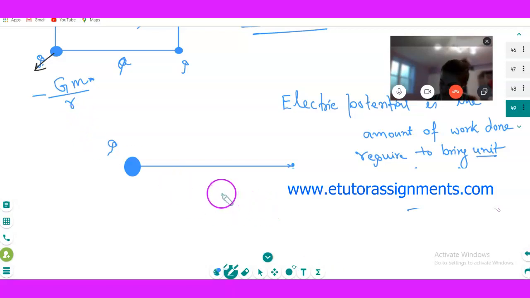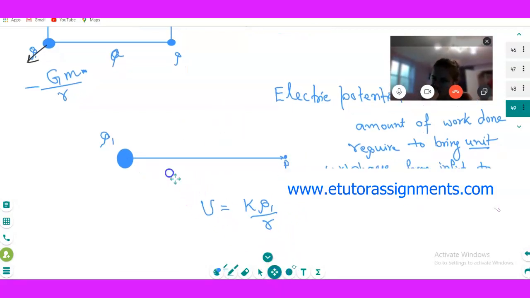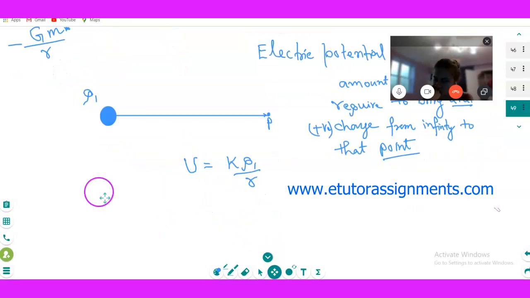Similar here also, electric potential, generally denoted by U, is equal to kQ1 by R. See, so similar. That is the reason I taught you gravitational first, now this topic, so that your formulas are similar and you set your minds. It is easy for understanding. Both topics you can understand simultaneously.